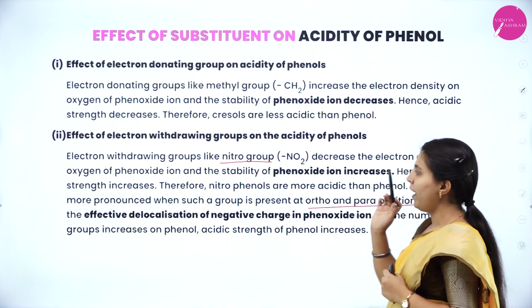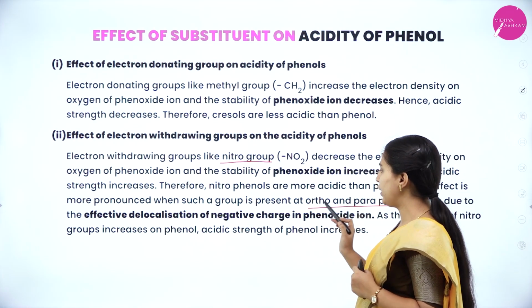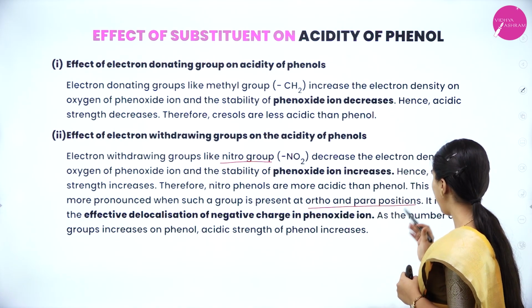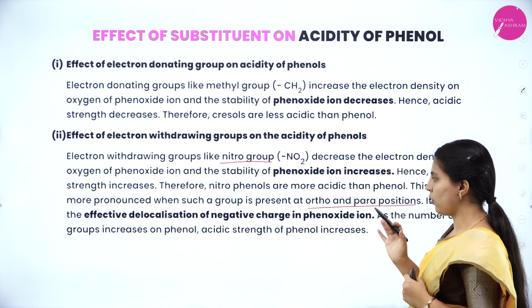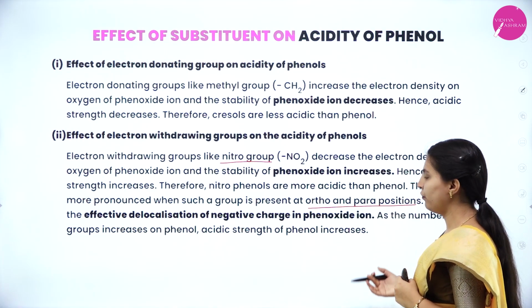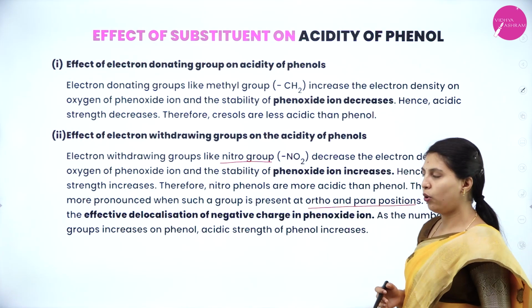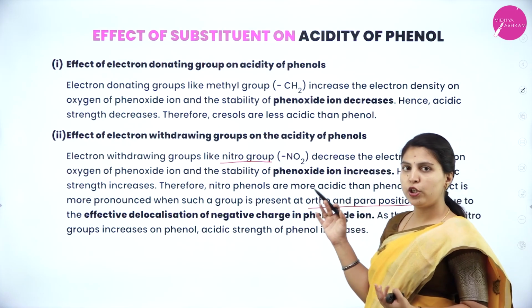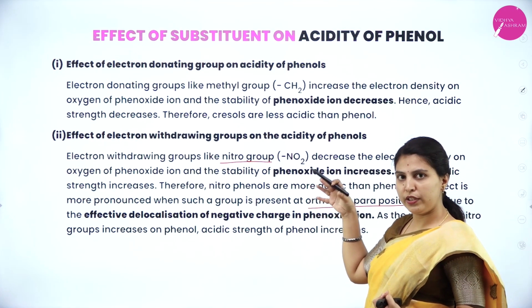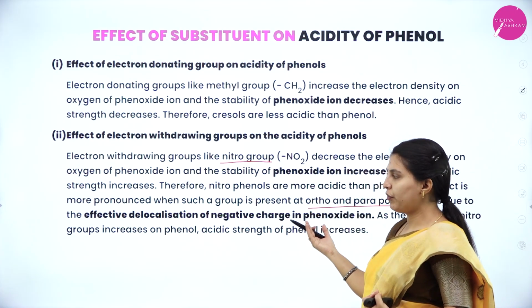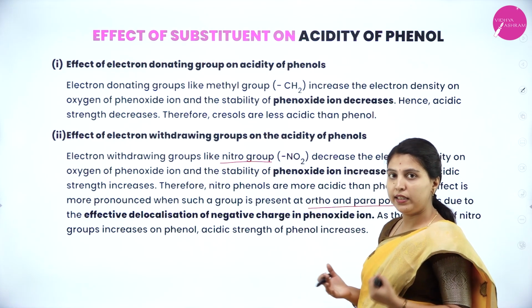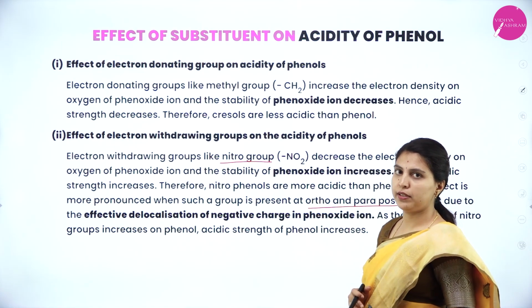It is due to the effective delocalization of negative charge in phenoxide ion. As the number of nitro groups on phenol increases, the acidic strength of phenol will increase. As I told already, when an electron withdrawing group substituent is attached to the phenol, the acidic strength of phenols will increase, and that too at ortho and para positions.